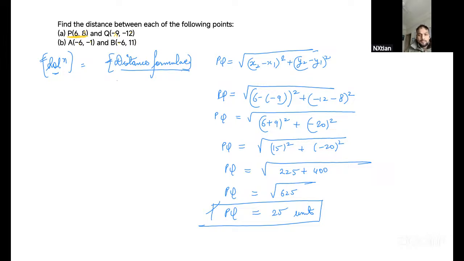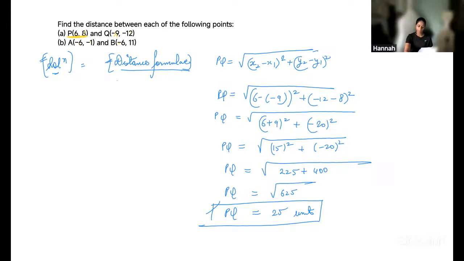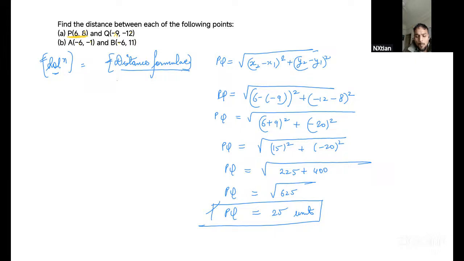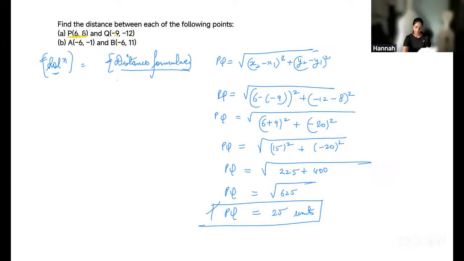Hannah, is it the same? I made a mistake on substituting the x and y values. Okay, what mistake did you do? I took the x and y instead of x2 and x1.